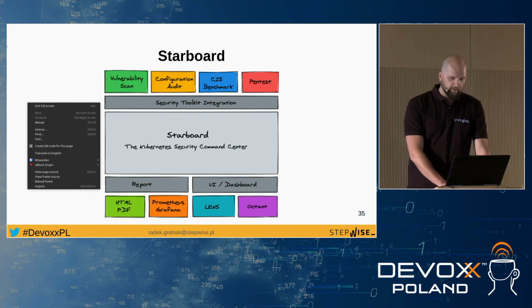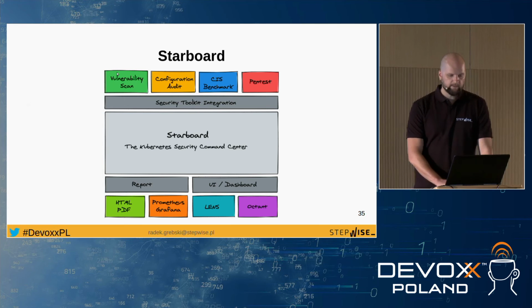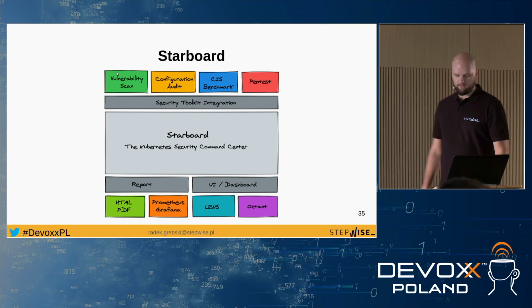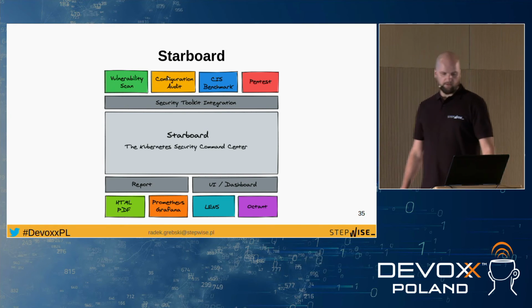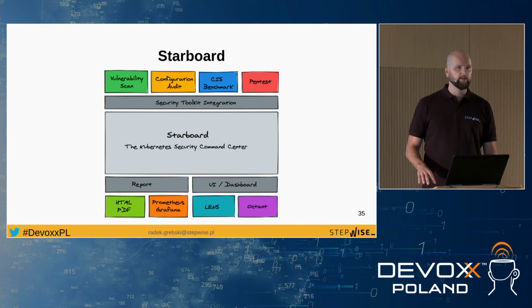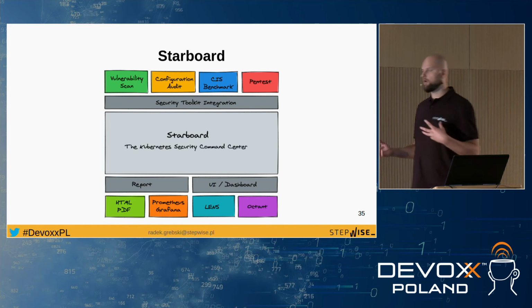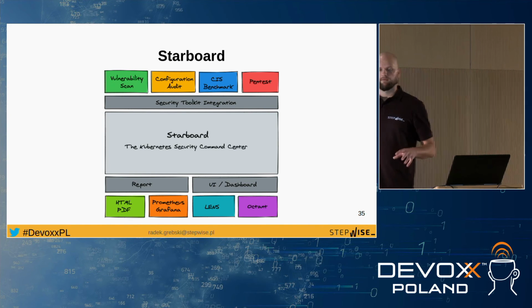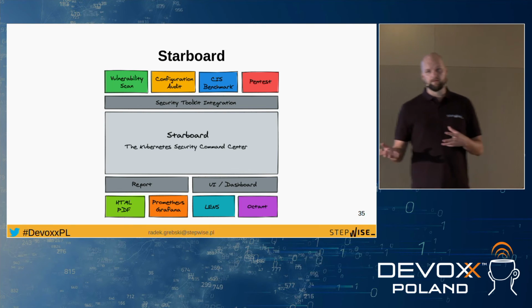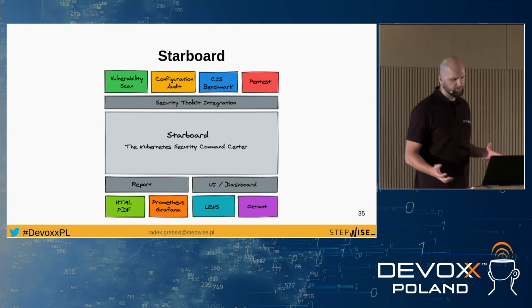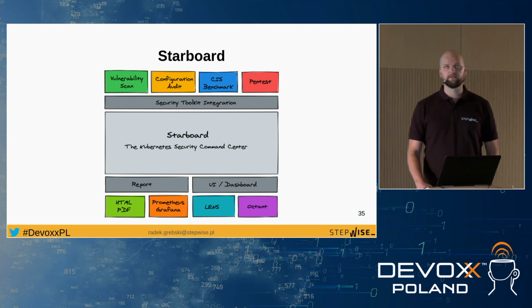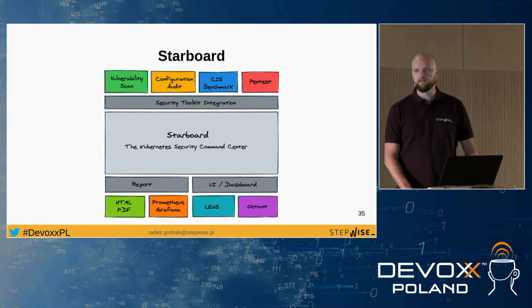Of course, not only vulnerability scans are possible. There is a project called Polaris, which lets you audit your deployments to Kubernetes. For example, you may require all the deployments to have defined resources and limits for the resources being used by a given deployment.